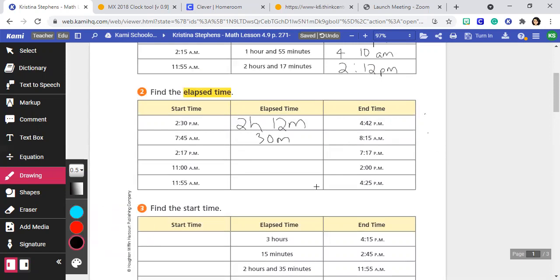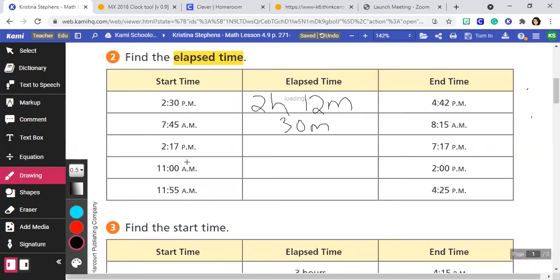Well, the next one I can see that the minutes match, 17, and it's both p.m. and p.m. So the only difference here is the hours, which means that whole hours have gone by. So from 2:17 p.m. to 7:17 p.m., how many hours have gone by?